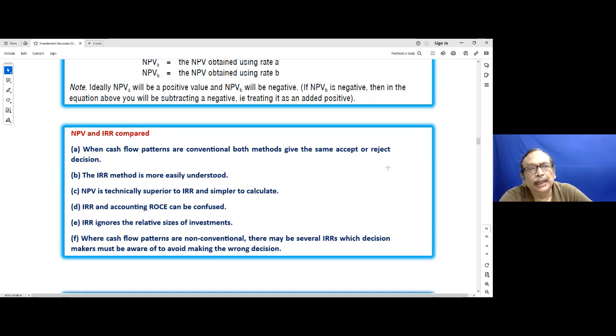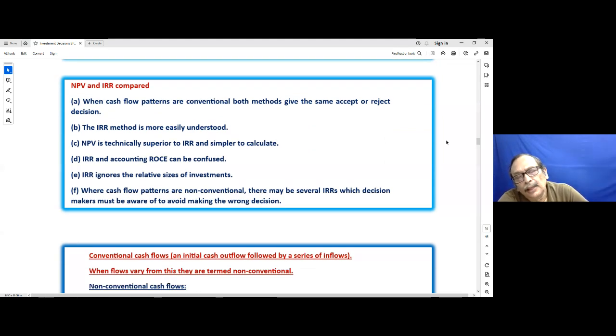Now we are going to make a comparison between NPV and IRR, because many times the questions come on this issue. Here the first point is, when cash flow patterns are conventional, both methods give the same accept or reject decision.